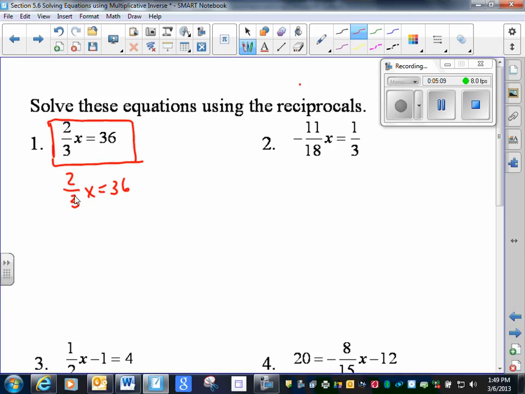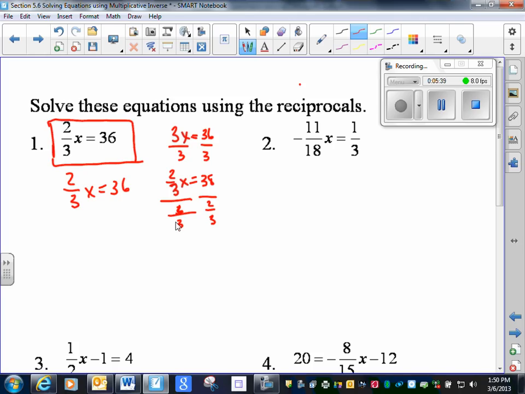And we could say, well, let's just divide both sides by 2/3, which is what we did if we had something as simple as 3x equals 36. We divide both sides by 3. Over here, we've got 2/3 x equaling 36. So we can say, well, let's just divide both sides by 2/3. But what happens when you're dividing by a fraction? You make it a multiplication problem.